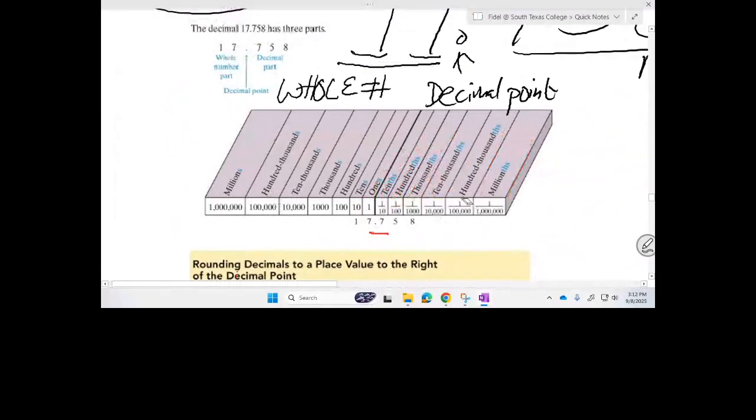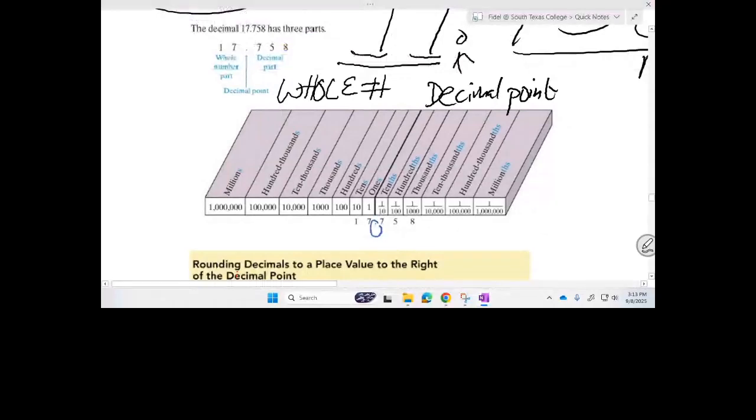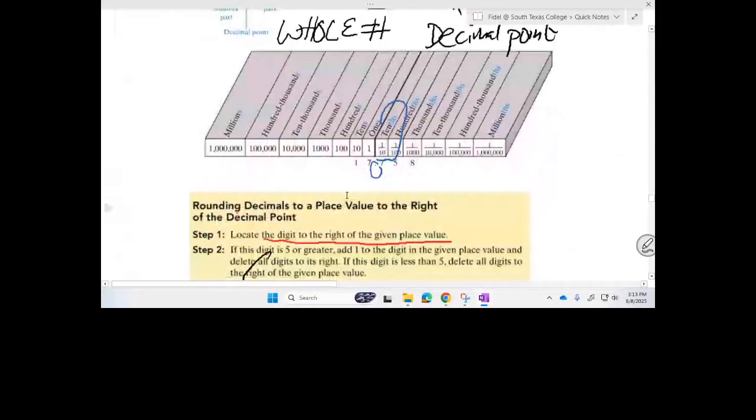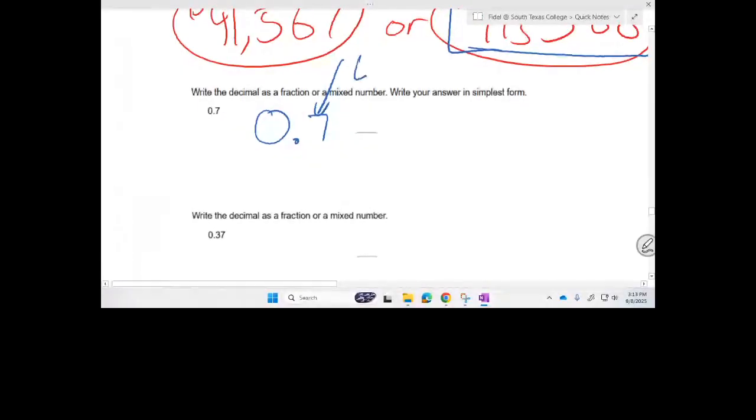Turn back your notes, okay? Turn back your notes. When you have this decimal point right here, what's the first position after the decimal point? What's it called? The tenths, right? Okay. So y'all, since that is in what we call, oops, I misspelled it.